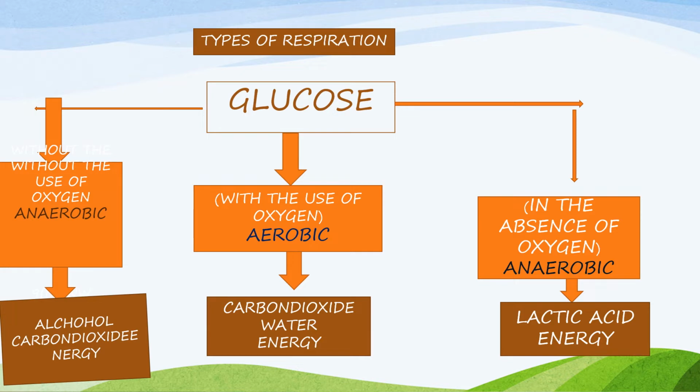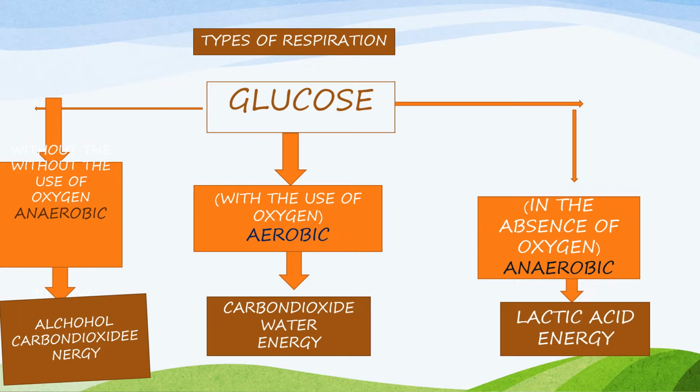An organism is described as aerobic if it requires oxygen in order to survive. So what do you mean by aerobic respiration? Respiration with the use of oxygen. The organisms which need air or require oxygen in order to survive are called aerobic organisms.